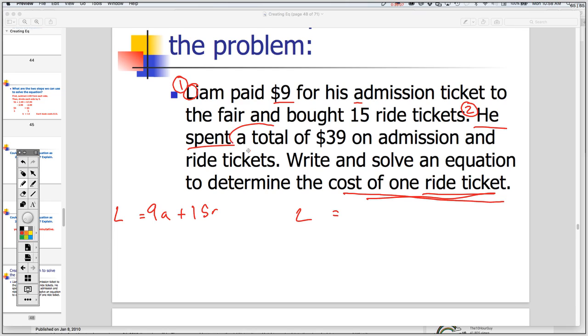So what should be on this side? 39. The second sentence kind of throws you off because you're saying admission and ride tickets, so you might think of putting A and R there, but really it's just going to be 39. So now we have Liam is at $39.